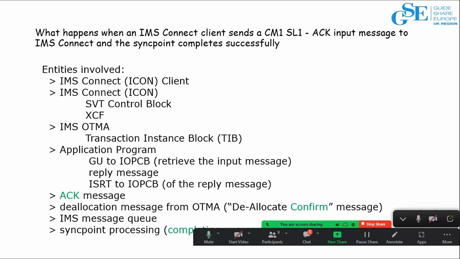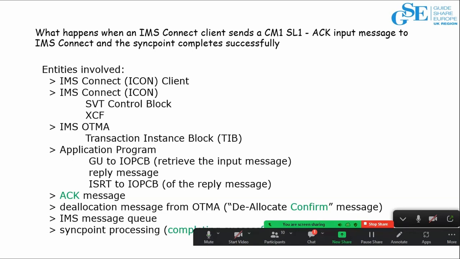Then the input message is sent to IMS OTMA through the XCF, the cross system coupling facility. The transaction pipe name, or T pipe name, is the port number that received the input message. That's how the T pipe gets dynamically created in the background.